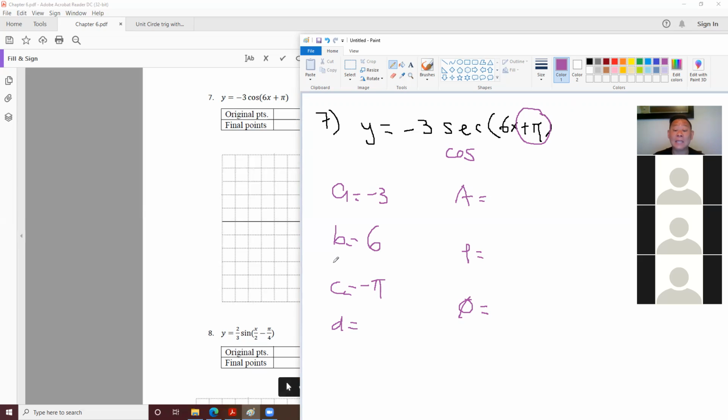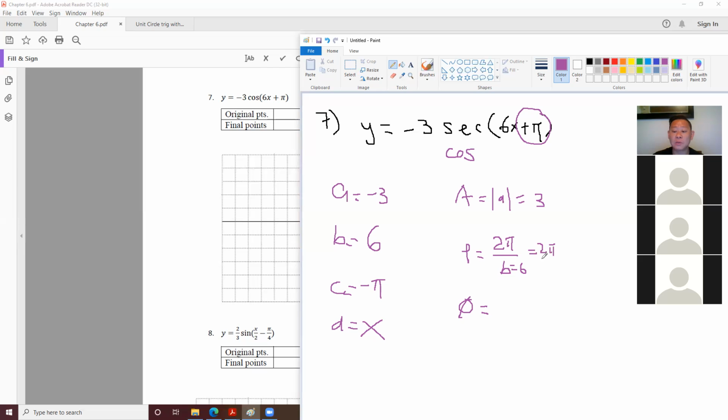Do we have a D in this case? No, we don't have a D because we don't add anything. Okay. Amplitude in this case is the absolute value of A, so in this case it will be just 3. That's our amplitude. Take the absolute value of -3. Period in this case is 2 pi over B. Since my B is 6, this is 2 pi over 6.